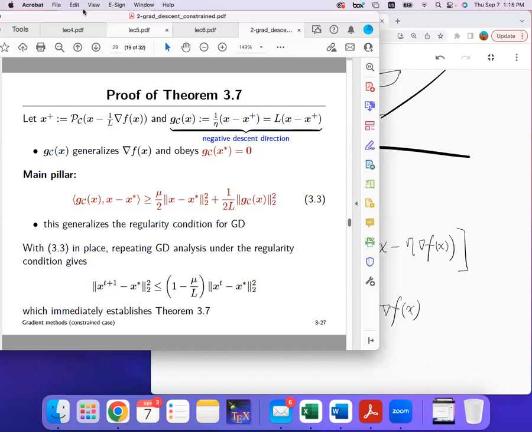And so this G_C(x) is like a generalized gradient. And it also obeys similar properties.